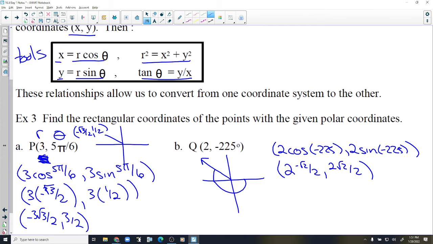So the 2's cancel. There is the x, there are the rectangular coordinates for that point. So the 2 tools that we used were these 2 right here.